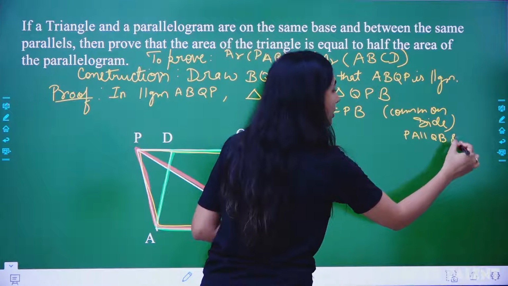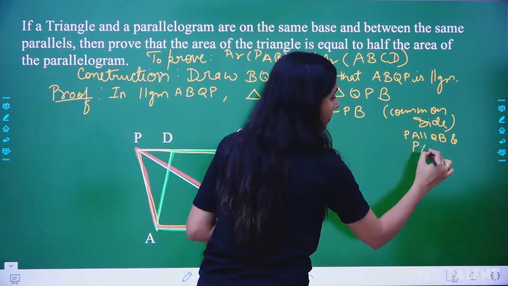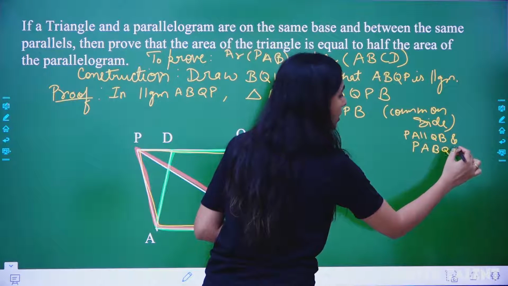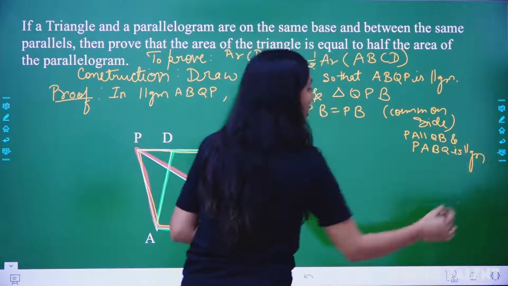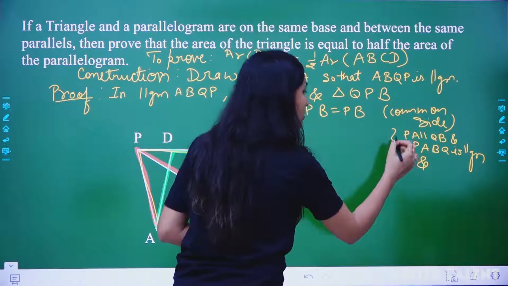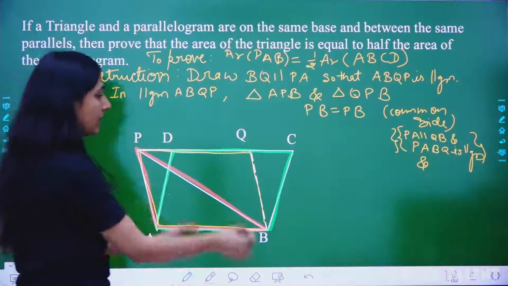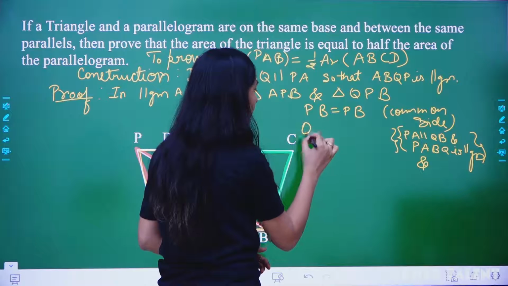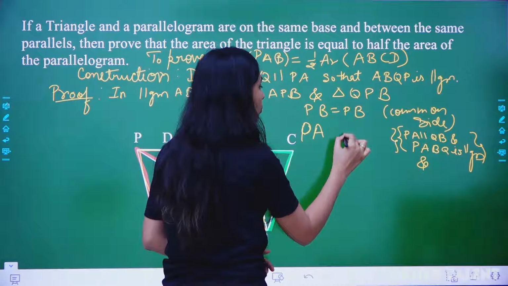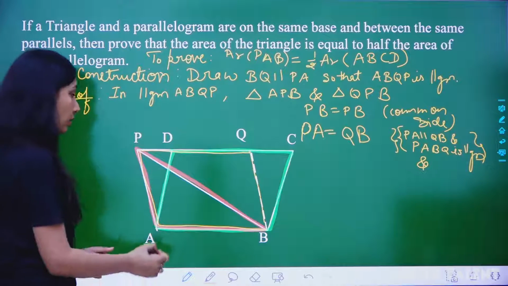And PABQ is a parallelogram, right? And also by this we can say that these two lines, PA and QB, are equal.